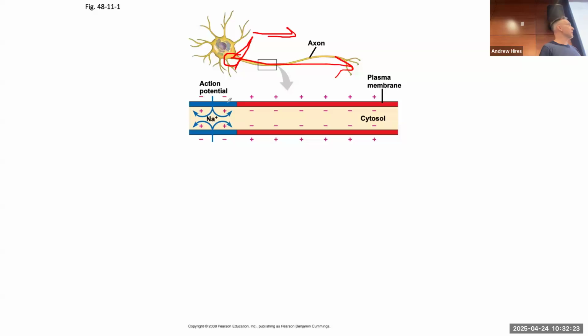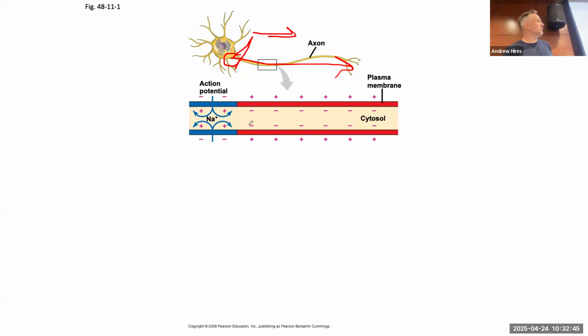And that action potential is then going to travel in a wave down the axon. Why? Because if we start an action potential here, we're going to have sodium ions flow in and depolarize this patch of membrane. Those sodium ions are going to spread sideways, laterally, down the membrane.